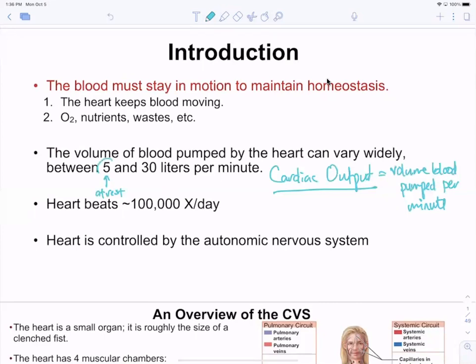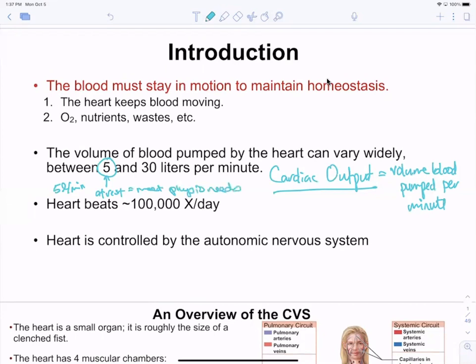Everyone has a basic need of around 5 liters per minute at rest. And that's important to understand. This is your basic circulatory needs. You need to have 5 liters of blood circulating per minute, being driven by the heart, just to meet your basic physio needs.